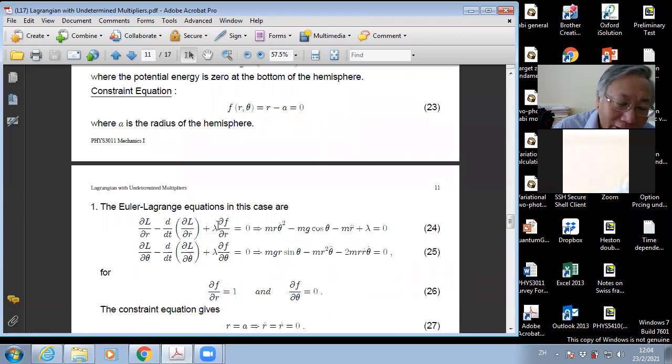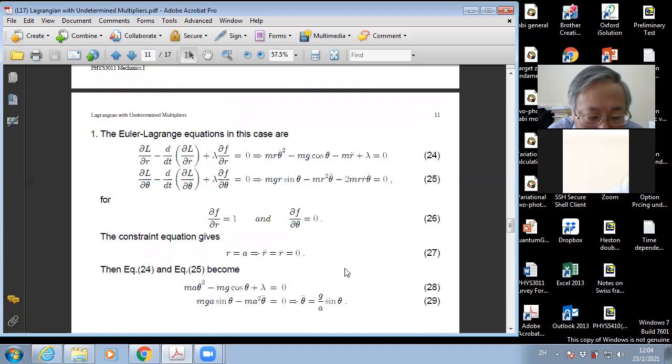The third terms in equation 1 and equation 2 correspond to the constraint; they come from the constraint equation. The Euler-Lagrange equation of motion in r is given in equation 24. The Euler-Lagrange equation in theta is given in equation 25.